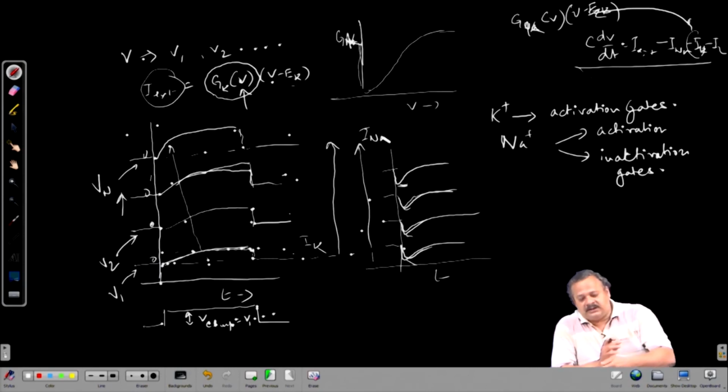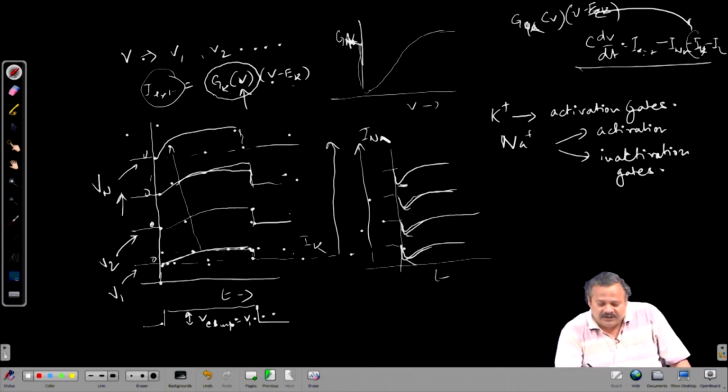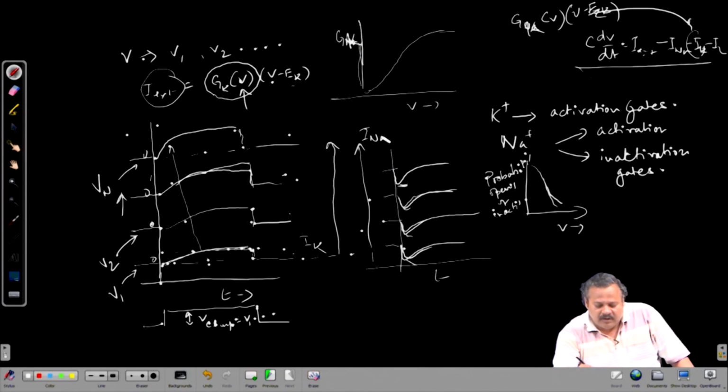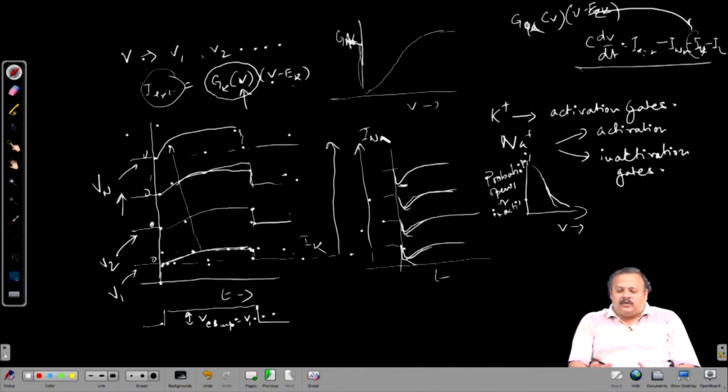These particular gates start to close. That is, as a function of voltage, if we think of the probability of opening of inactivation gates, then they keep on dropping, they keep on reducing as the voltage increases. Where it goes, those particular details we will be covering in our next discussion on the Hodgkin and Huxley equation.